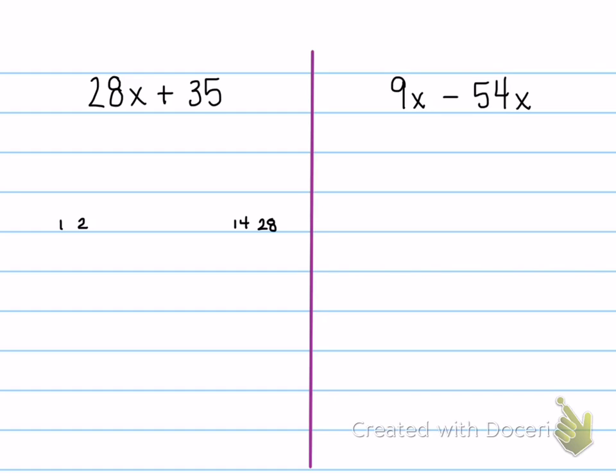Actually, 4 does. I'm sorry. 4 times 7 is 28. And 7 does go into 35. So 7 is going to be the biggest number that goes into both of them.